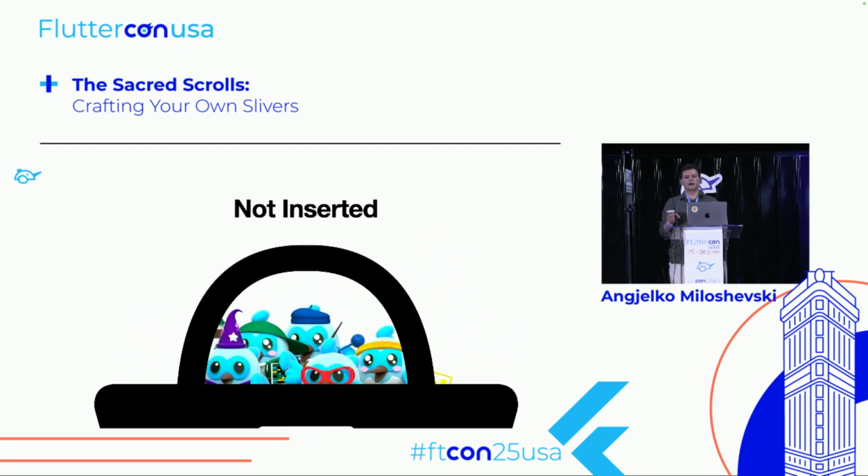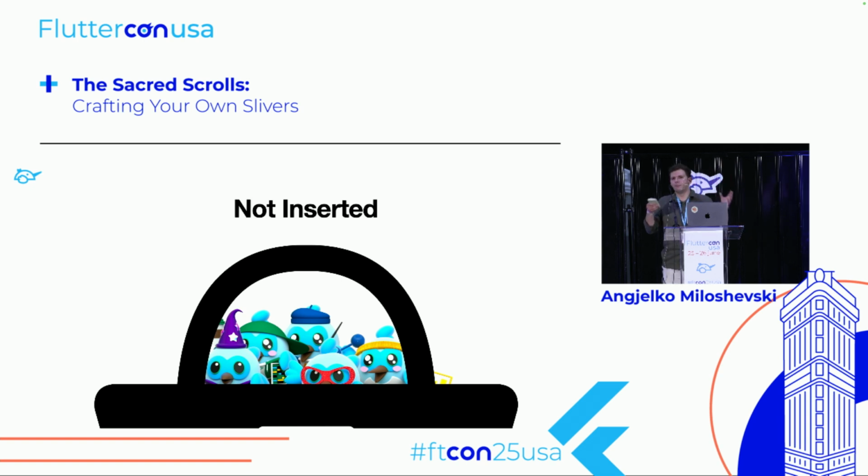Now, there are three states when it comes to children in lazy slivers. The first is non-inserted, where the render box version of the child hasn't been created yet. So we only have the blueprints that were passed down by the sliver delegate.